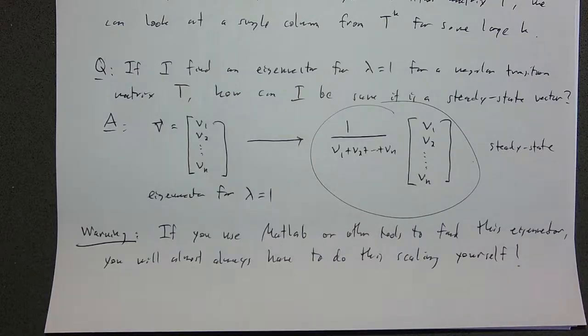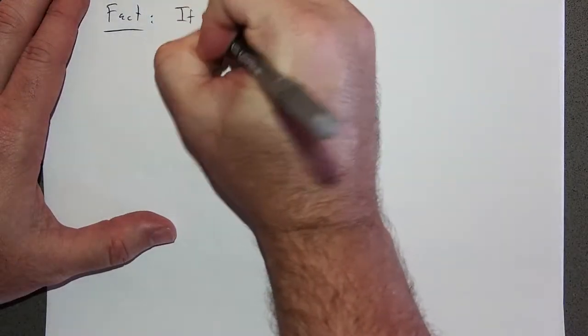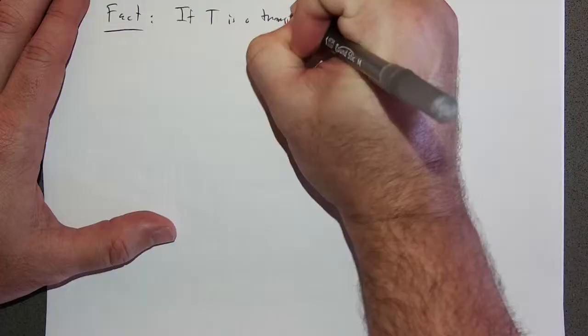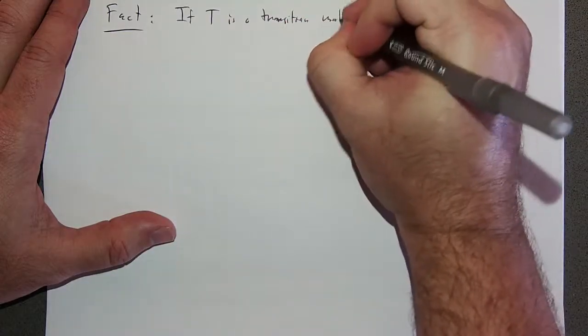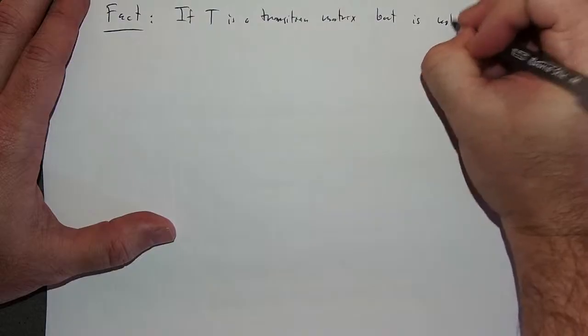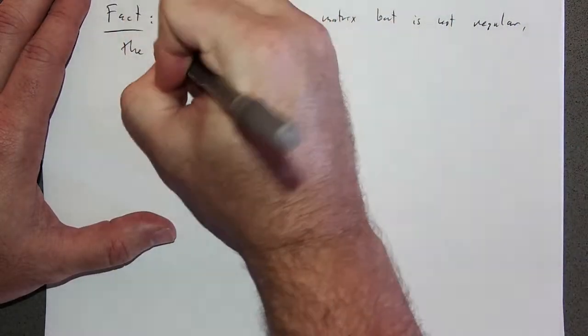A couple more facts, and then I want to move on to an example now that we have all this machinery. So here's a fact. If T is a transition matrix but is not regular, the theorem may not hold.